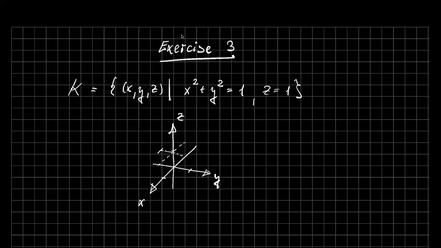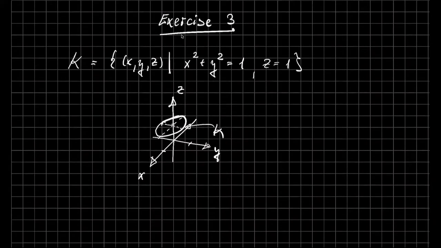So it will look something like that in this perspective here. It will be an ellipse. So this is K.